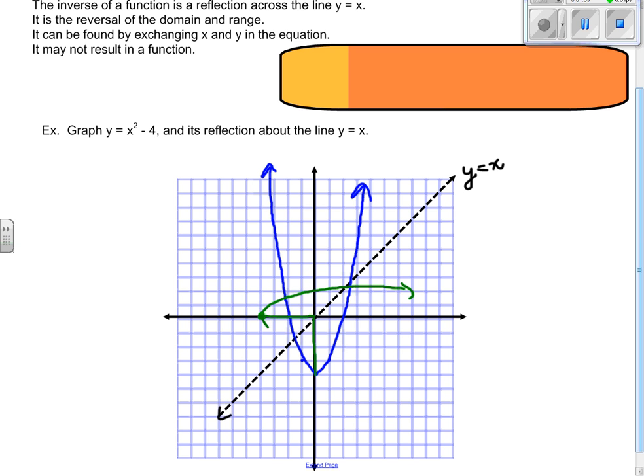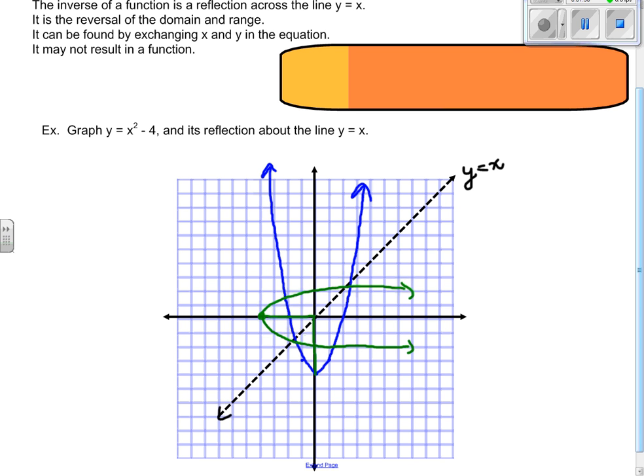I am trying to mirror image as best I can about the line y equals x. If I were to fold along the dotted line, my blue one should morph into my green one. Yes, it does look like a reflection about the line y equals x.